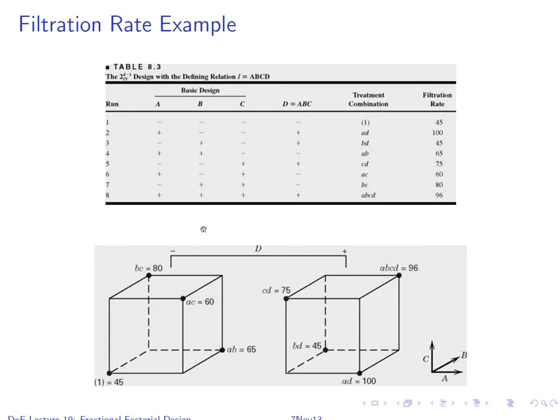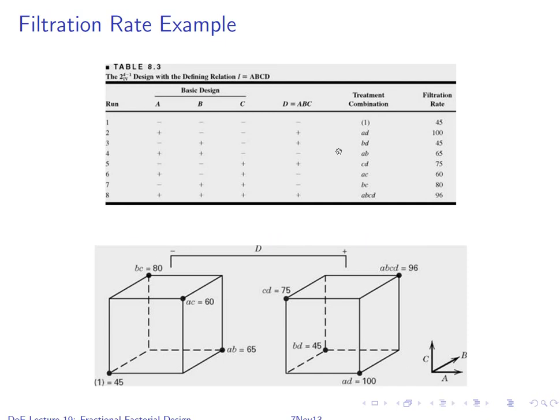So there are 8 runs in the 1/2 design, and remember that you start with the basic design of 3 factors, right, A, B, and C. It's one fewer factor. The levels of the fourth factor are set using the defining relationship for the basic design. And so when you simply take the products of the negatives and the positives all together, you get the assignment to D. And then from these you can determine the treatment combination.